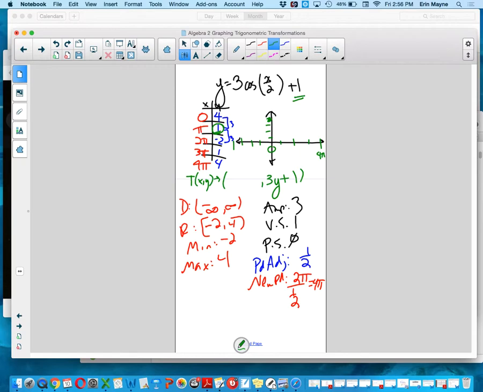It goes pi 1, 2 pi -2, 3 pi 1, 4 pi 4. There's my graph. It starts high. So going back the other way, if I was high, what was my next one? Now I'm middle, then low, then middle, then high. There's the rest of my full 2 periods.